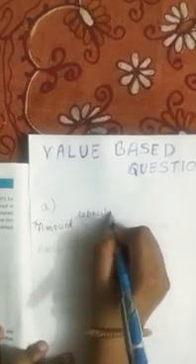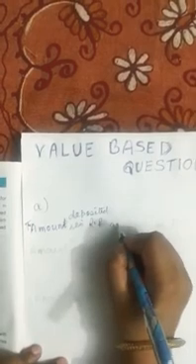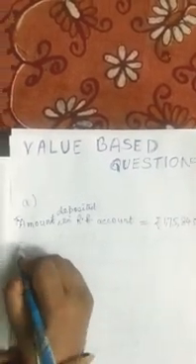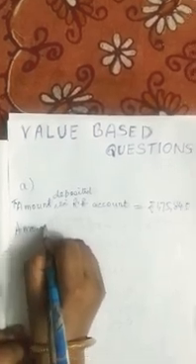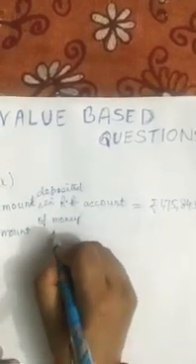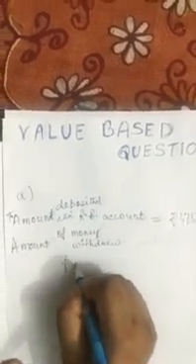So, total amount deposited in Rohan's father's account equals rupees 1,75,845, and then the amount of money withdrew for repairing.